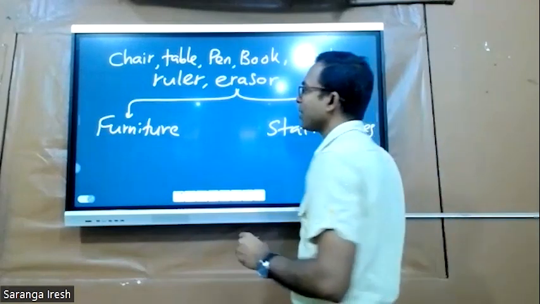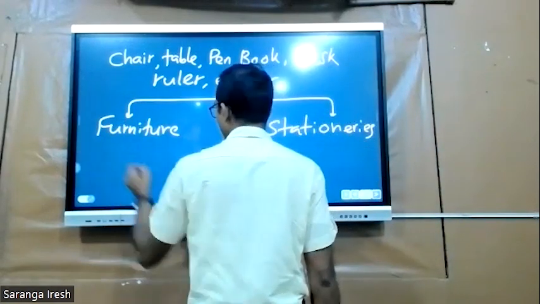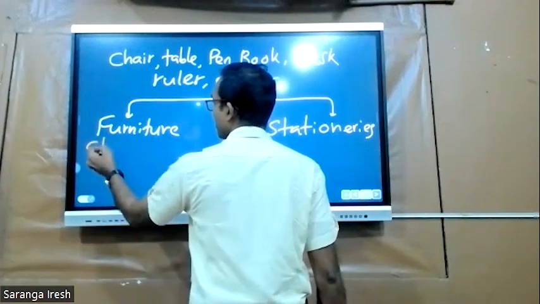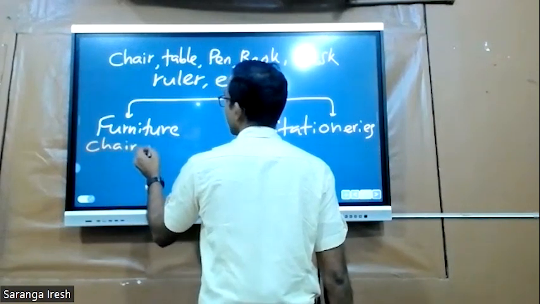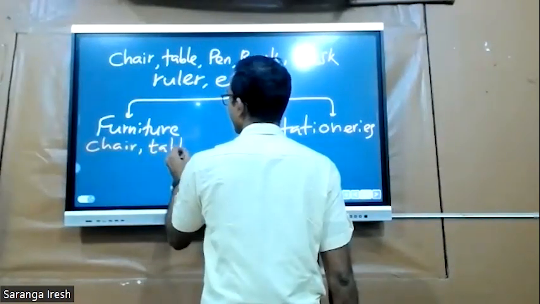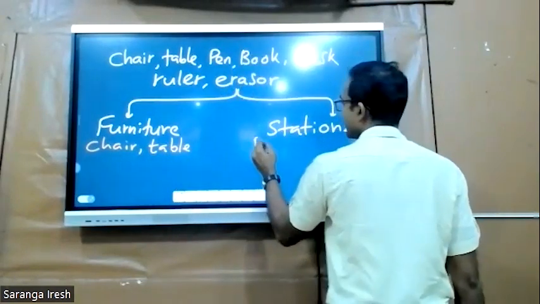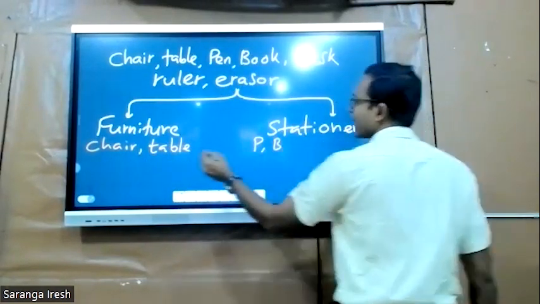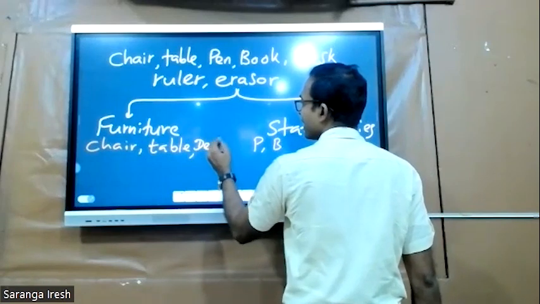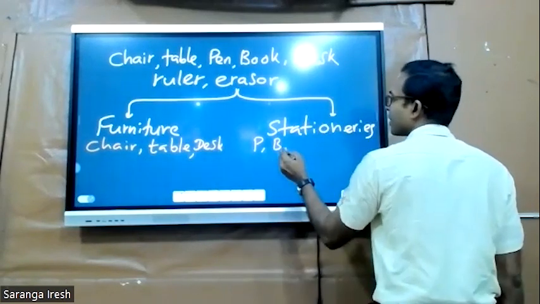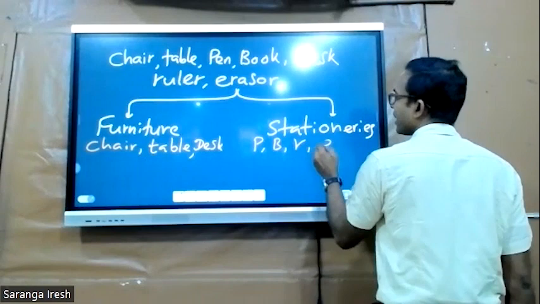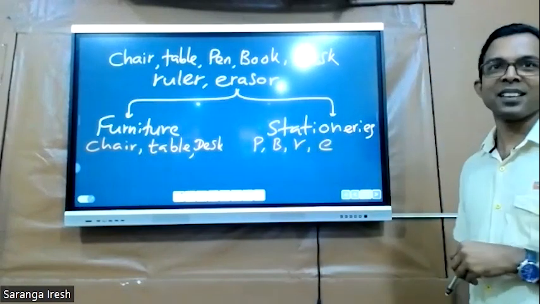Now, what are the furnitures here? Chair and table. Then pen, book, ruler and eraser are stationeries.